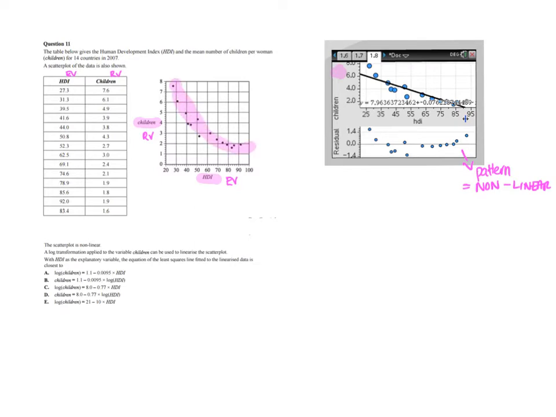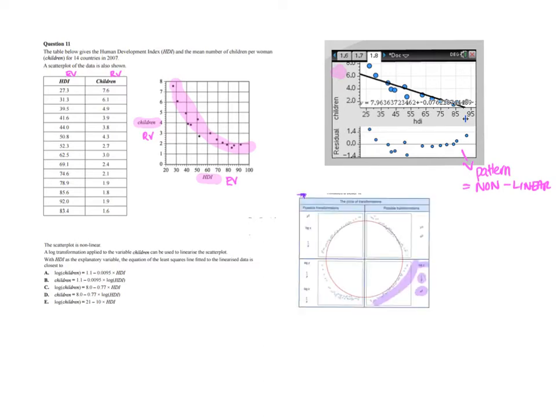If I think back at the circle, this graph probably looks more like this side of the circle. So these are the possible transformations that you could use. Now in exam questions they often tell you which one, and they've told me a log has been applied to children.